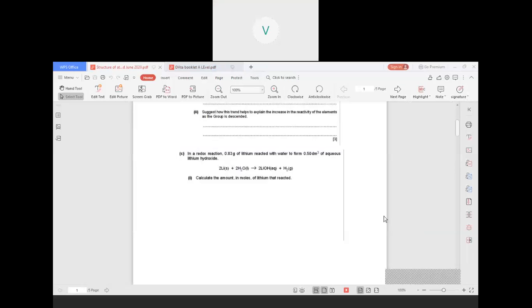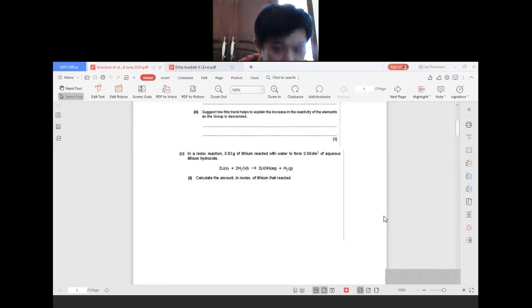Yes, 0.119 mole, or it can be rounded off to 0.12 mole.